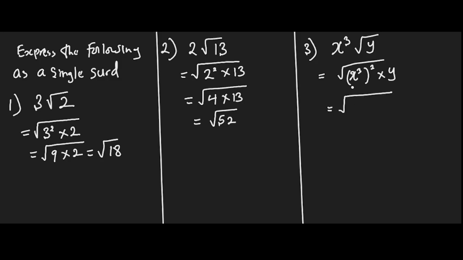This is the same thing as s raised to power 6, because 3 times 2, power times power, gives us 6, times y. Here we are going to have root of s raised to power 6y. We have expressed s raised to power 3 root y as a single surd.